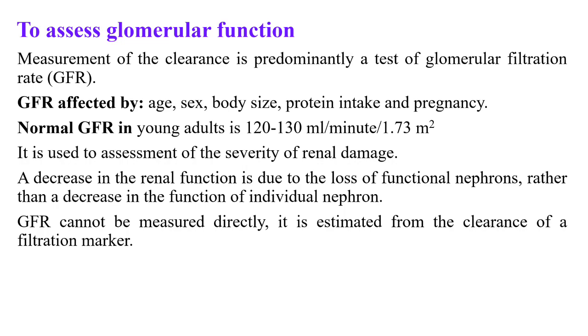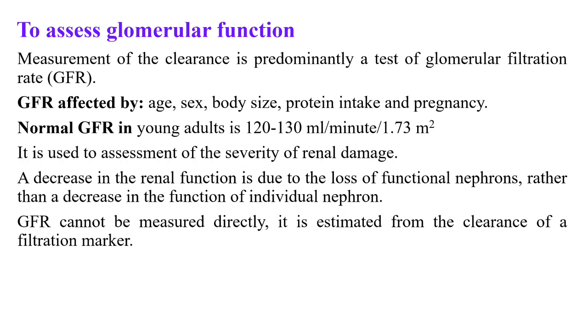A decrease in renal function is due to the loss of functional nephrons rather than a decrease in function of individual nephrons. Loss of functional nephrons means the number of nephrons will decrease.